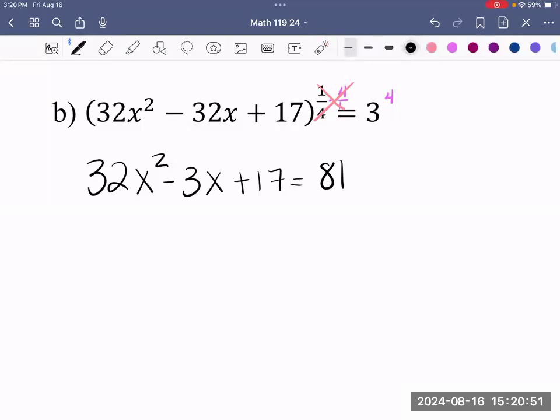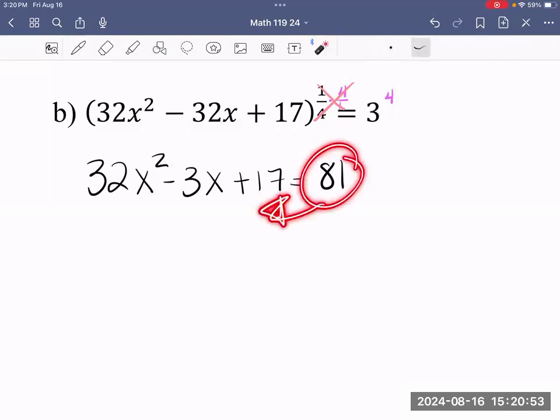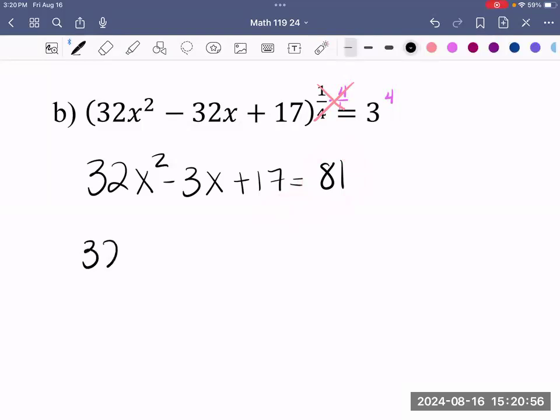So let's go ahead and bring this 81 to the other side. So you have 32x squared minus 32x, I left off a 2, minus 64 is equal to 0. Now, if these are awfully big numbers, typically there's something that you can factor out. So look for a GCF.